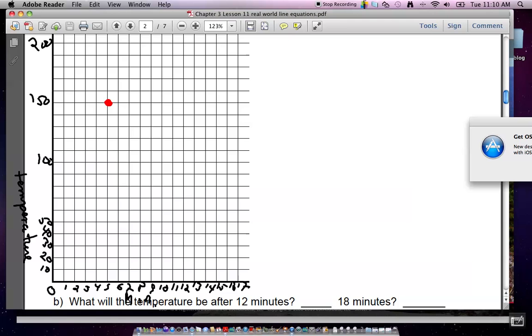Straight line, good. So now, find the point where 10 minutes is 200 degrees. Okay, and once you get the point, 10, 200, and mark it on your graph, you should be able to draw a straight line.